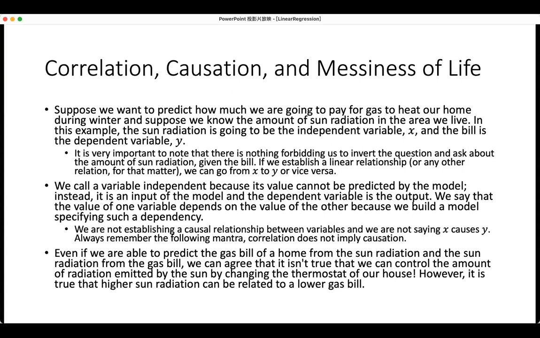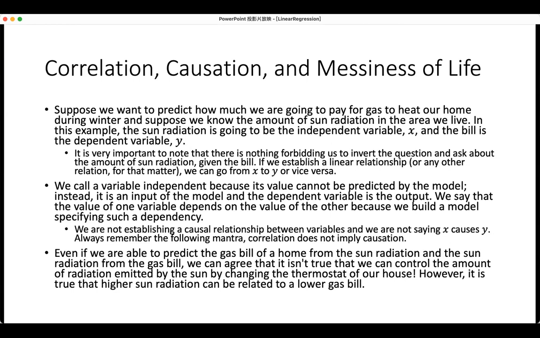The thermostat controls how much gas you want to spend to heat up the house. So if you change the thermostat of the house, it's not going to cause the sun radiation emitted by the sun to change, right?